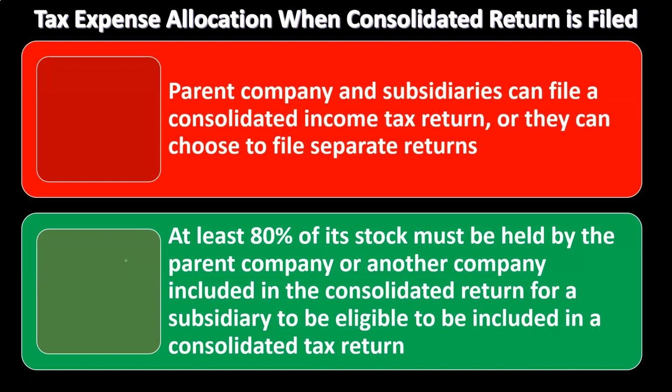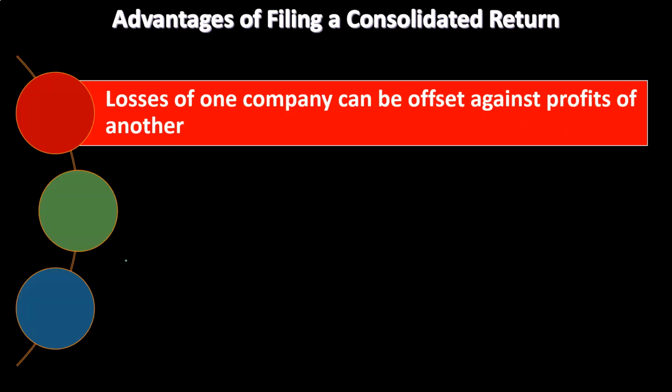Usually over 51%, because then you have control. However, if you're deciding whether or not to file the tax returns as a single entity, one tax return for the multiple entities, or have separate tax returns, you need an interest of 80% in some way, shape, or form in order to file the one tax return. So obviously that's a bit more restrictive. That's going to restrict your options as to whether to file one or two returns.